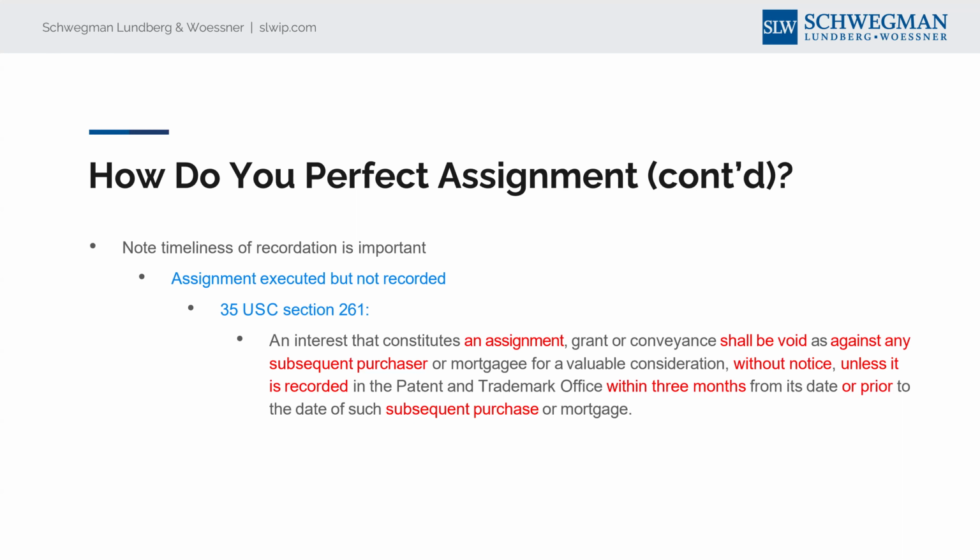Here's another question. What are your recommendations for best practices for recording assignments in continuations or divisionals? Yeah, good question. Oftentimes, the assignment document would have language saying that they assign all continuations, divisionals, and whatnot.